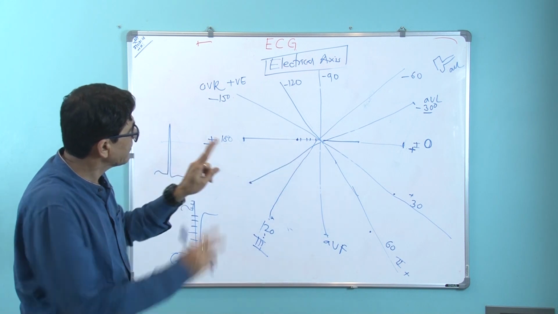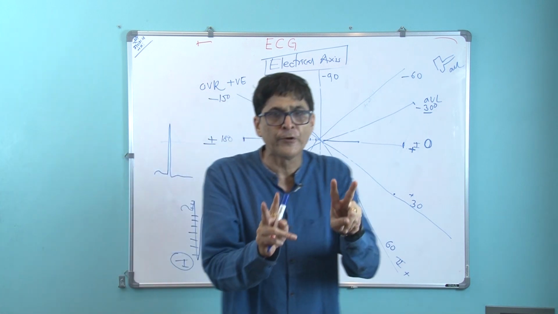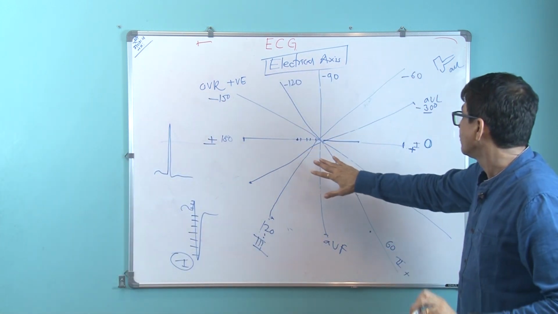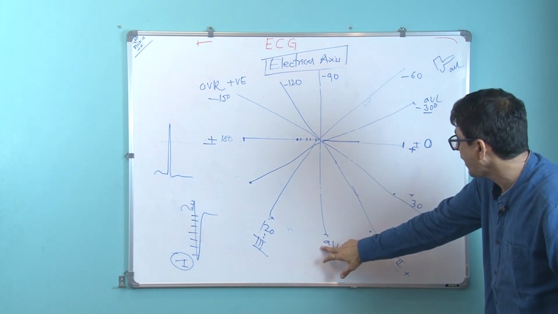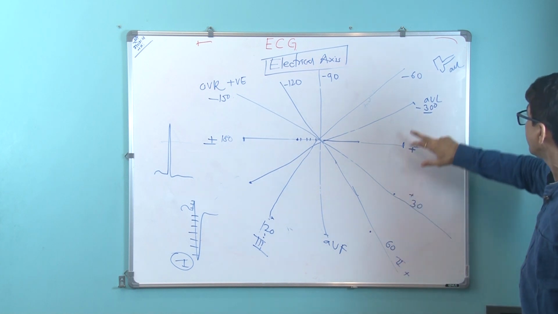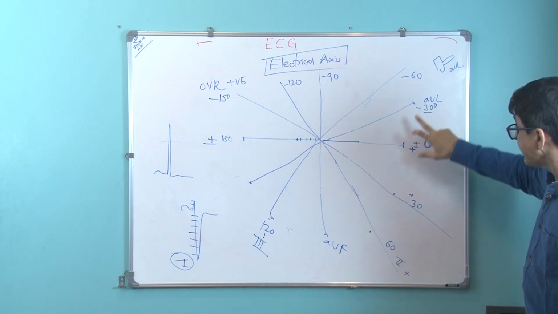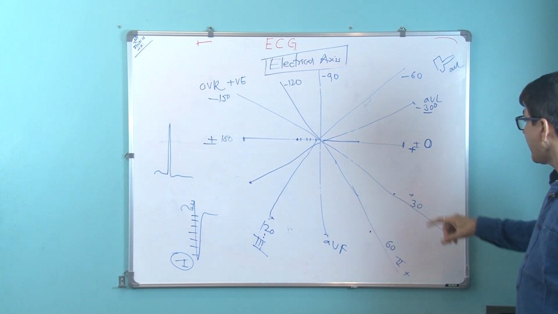But to calculate axis you usually need two perpendicular leads. So now lead first is perpendicular to AVF, lead 2 is perpendicular to lead AVL, lead 3 is perpendicular to AVR.